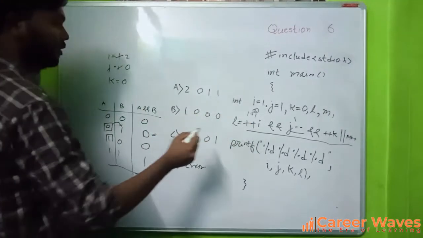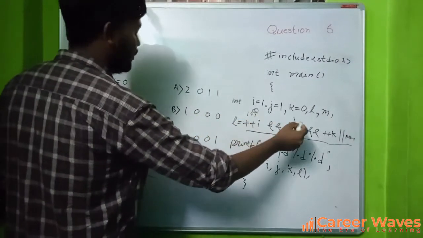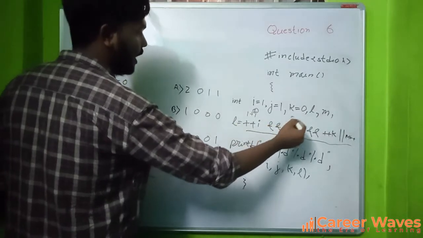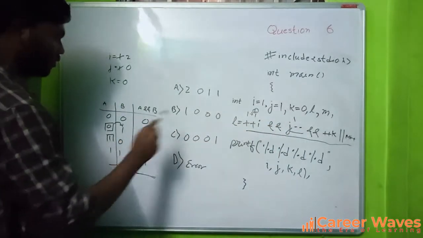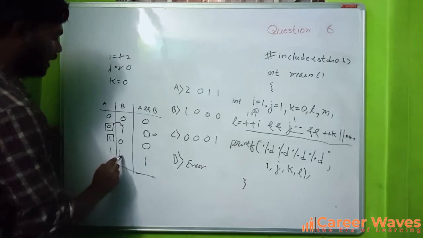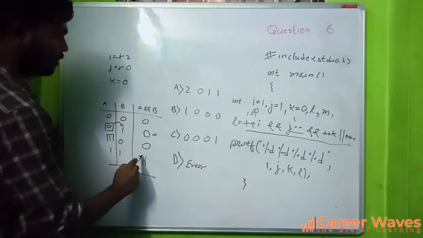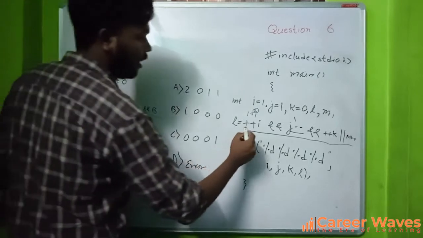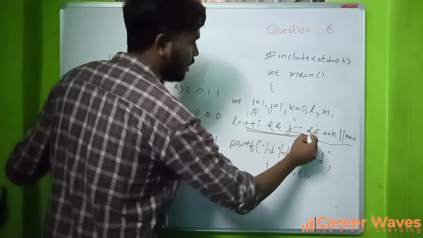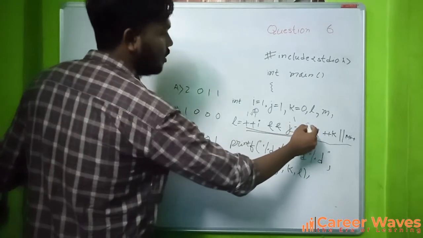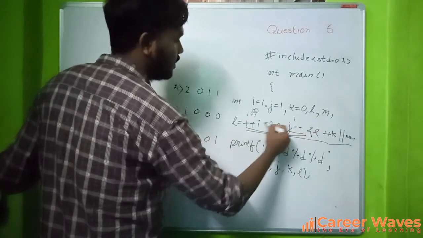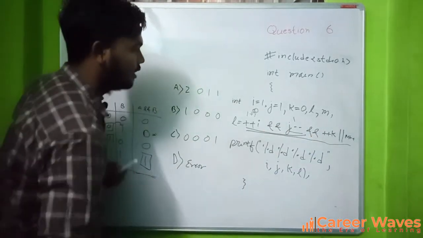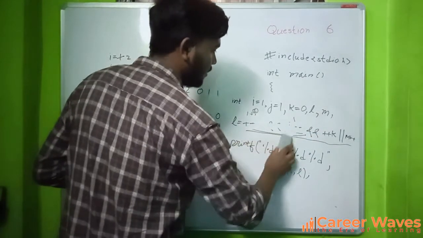So this logic is called short circuit logic. Here we have 2 logical AND with 1. 2 is also considered to be 1, so 1 logical AND with 1 becomes 1. So this is the output for this, and it is resolved as 1. Let us erase this.